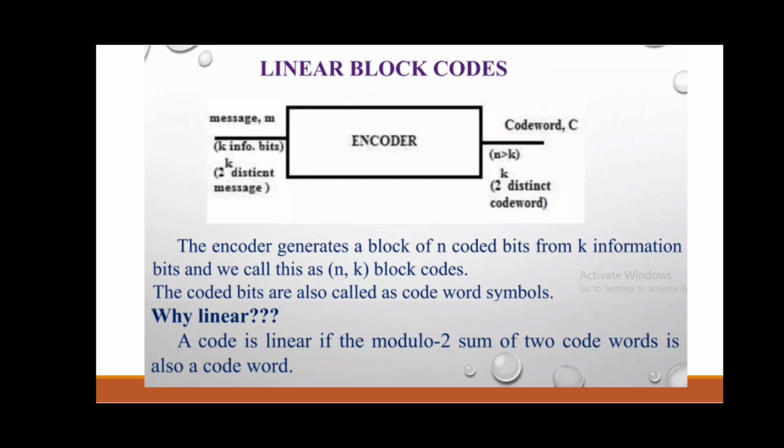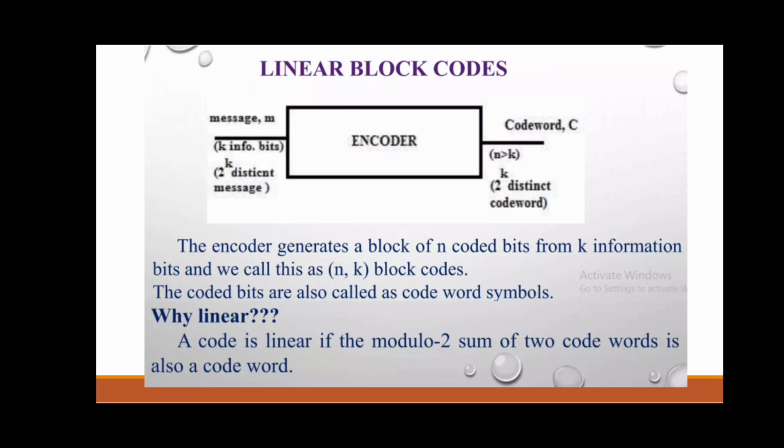Then we have a block diagram of what we call linear block coding. Suppose we have a message of k bits, that is k information bits. A total of 2 to the power k distinct messages are possible with these k bits. Then in the center we have the encoder that will encode these k bits into n bits.